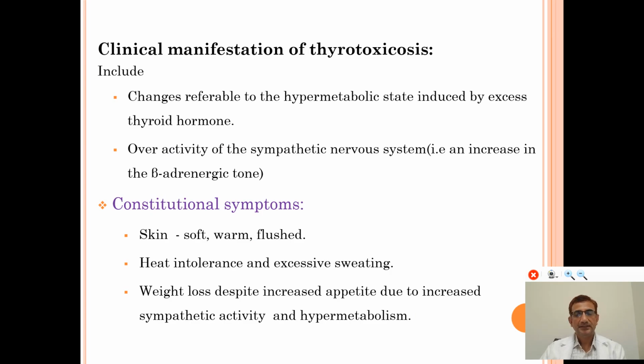The clinical manifestations of thyrotoxicosis include changes referable to the hypermetabolic state induced by excess thyroid hormone. Second is the overactivity of the sympathetic nervous system, that is an increase in the beta adrenergic tone. Third are the constitutional symptoms: the skin is soft, warm, and flushed.